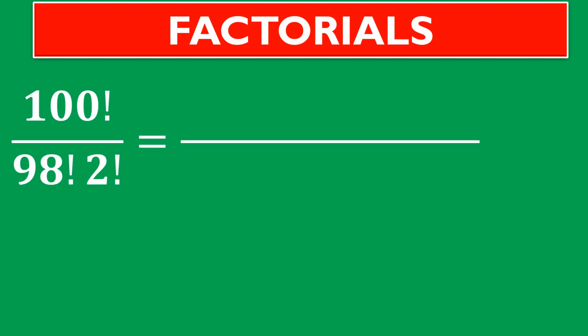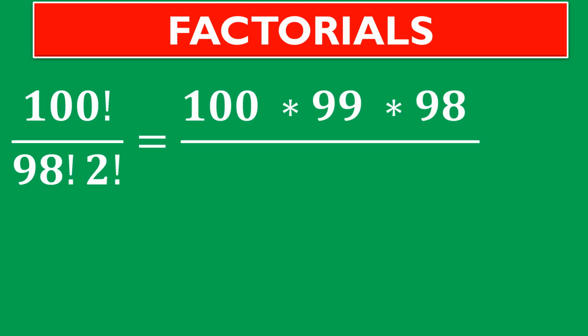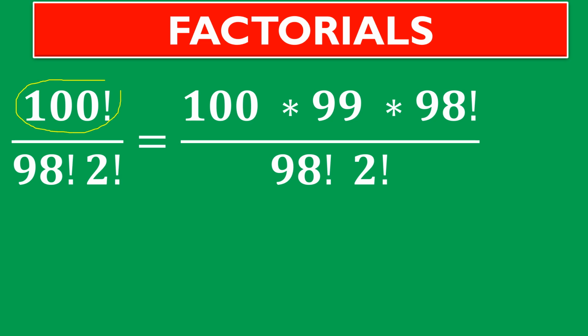So what we will be doing here is to solve and simplify the problem of the day, and that is 100 factorial divided by 98 factorial, and that 98 factorial is multiplying 2 factorial. Now if we look at the numerator, which is the 100 factorial, 100 factorial can be represented as 100 times 99 and times 98 factorial.